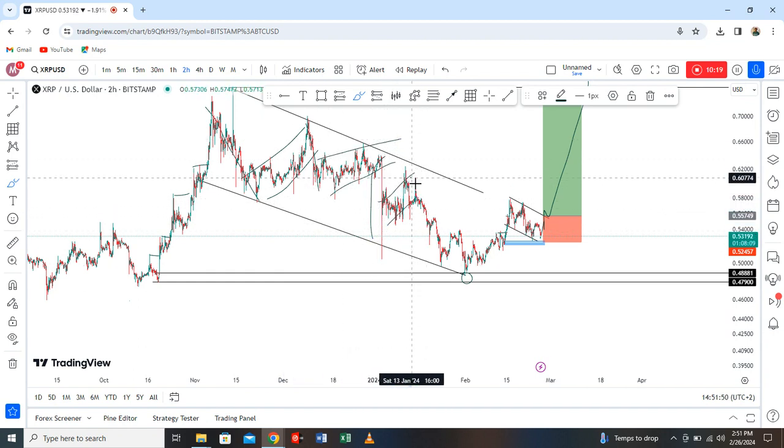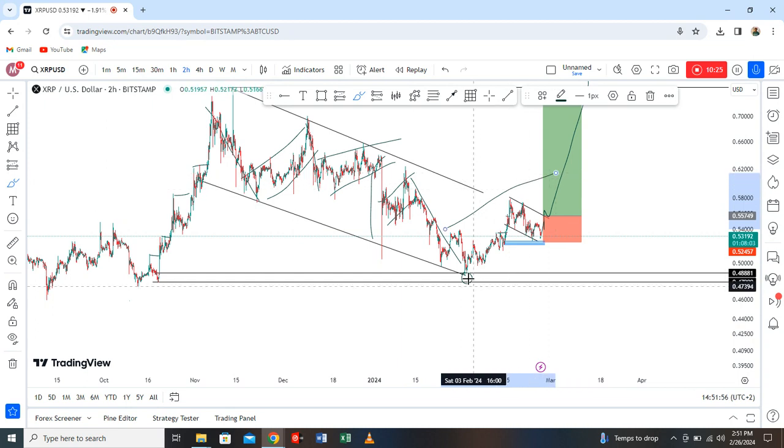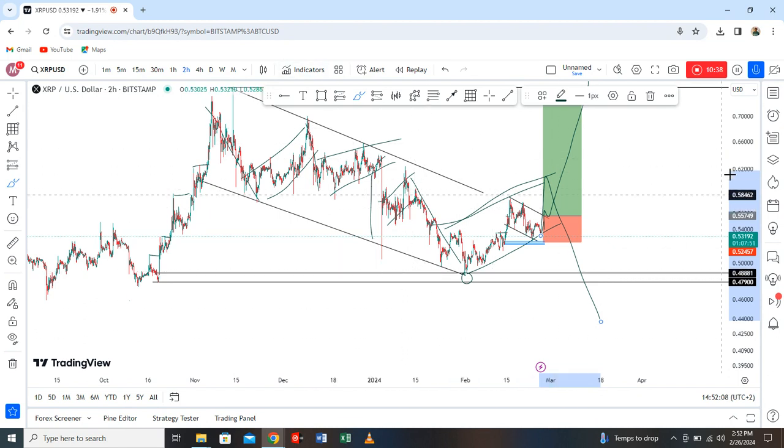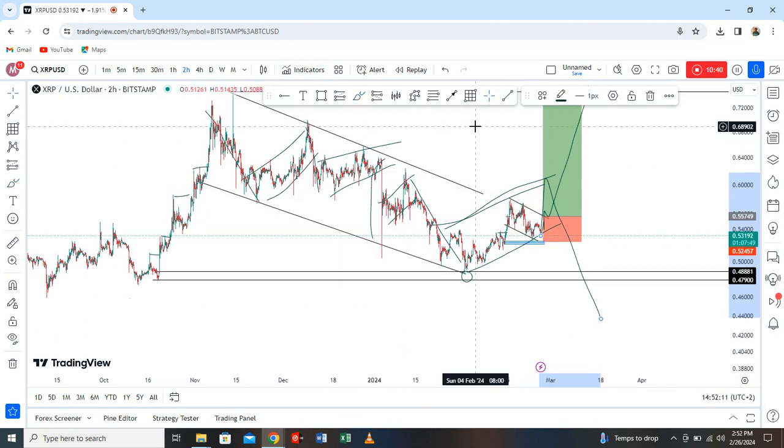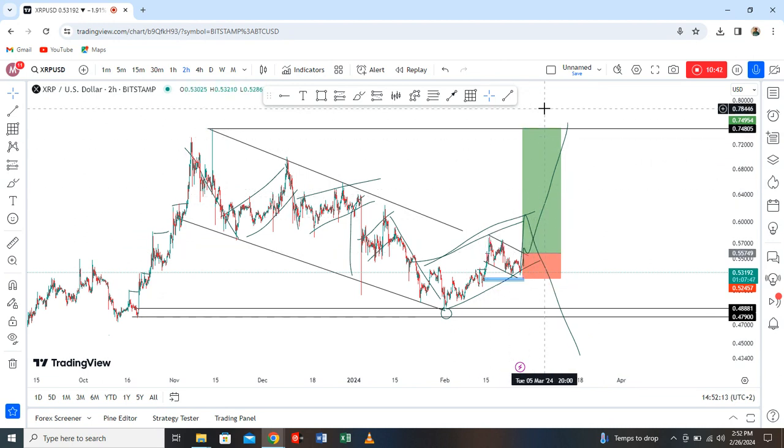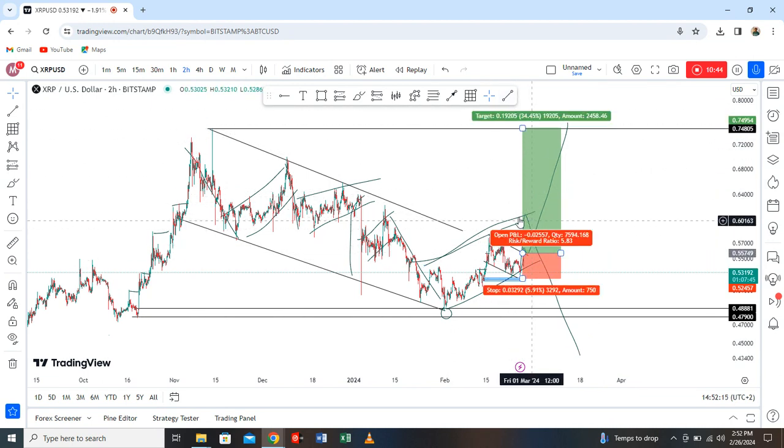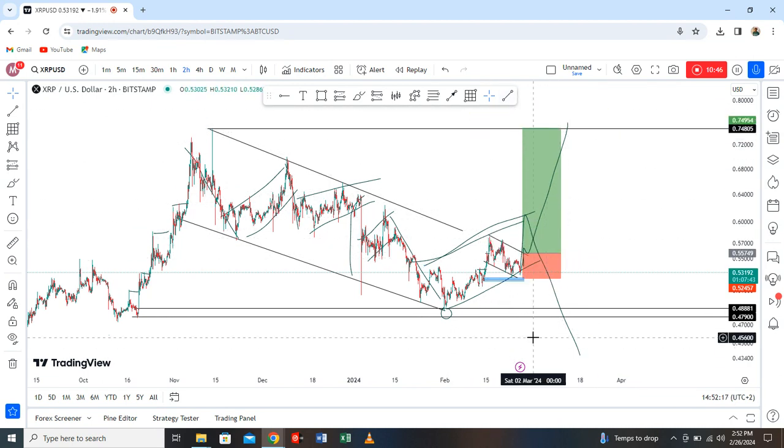Look at what happened. I would call this a larger impulse. What if here we were to anticipate a larger correction? Maybe the price comes here and then continues pushing downwards. Hence, this is a game of probabilities, guys. But for this one, I think there are more chances that the price will continue pushing to the upside from here rather than downwards.